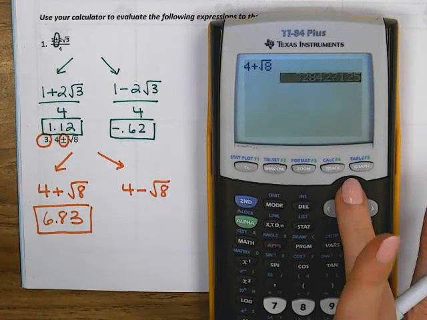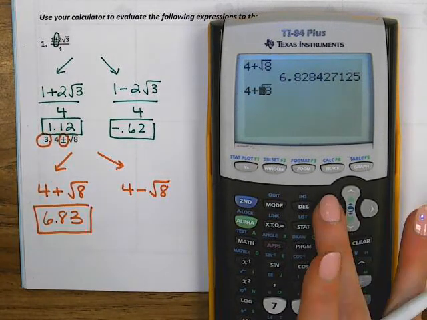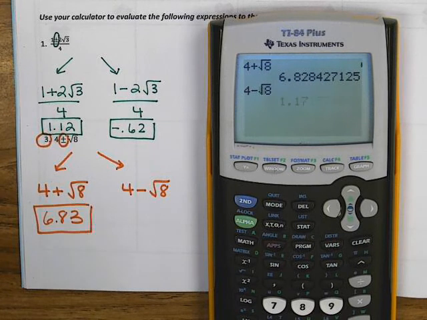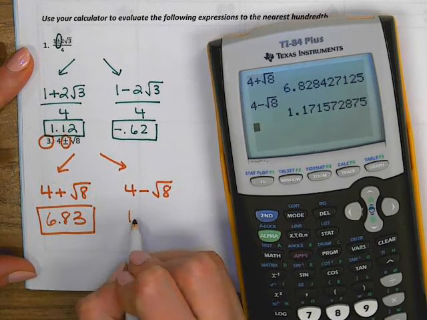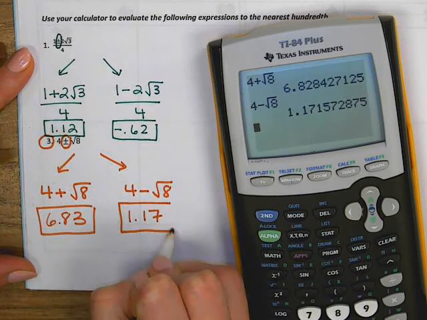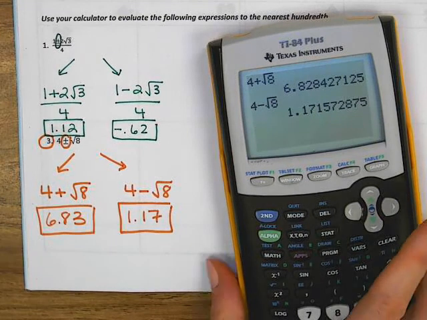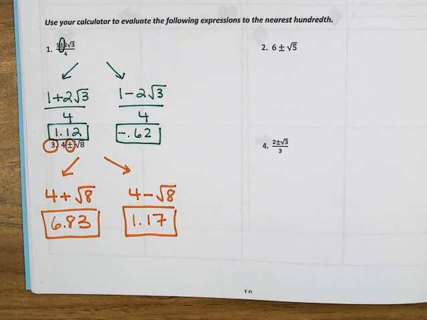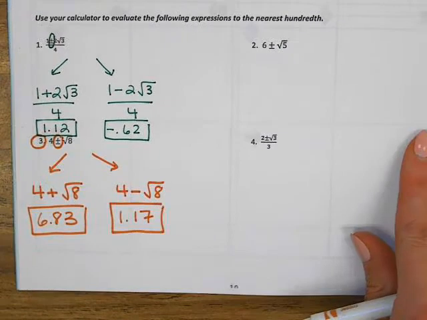And then we can go and just edit that plus and make it a subtract. And our other answer is 1.17. Okay, so super easy. Just type things in the calculator. All right, on to solving.